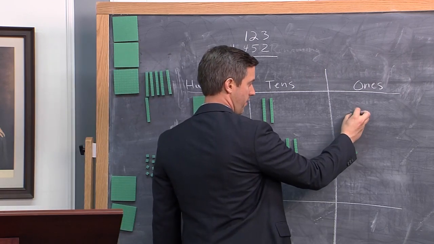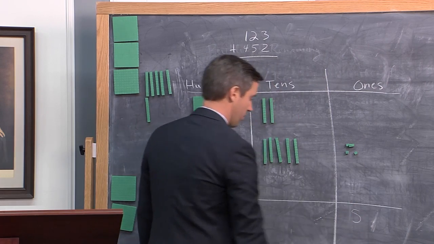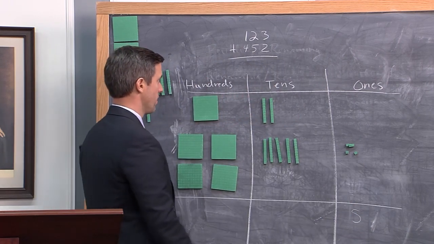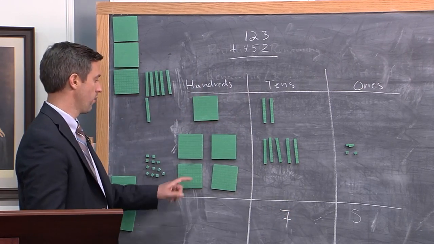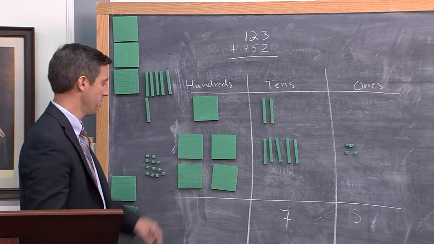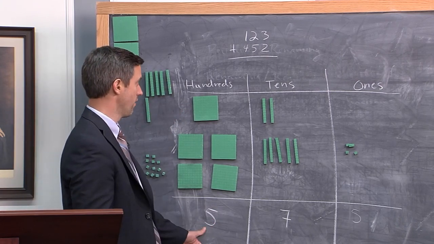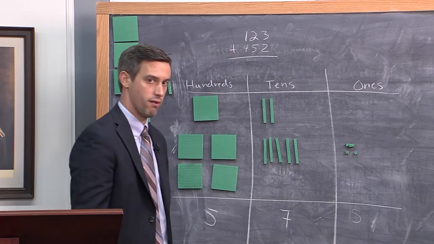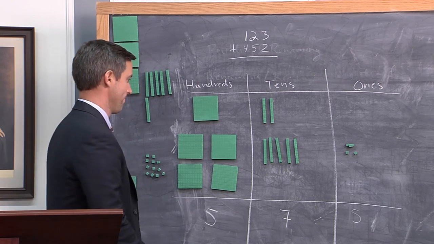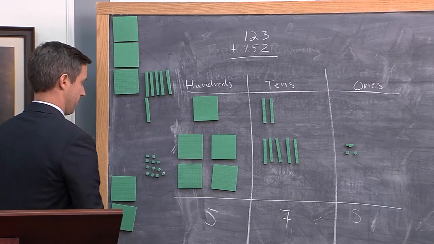I have 3 and 2 makes 5. 3 plus 2 is 5. 2 plus 5 is 7. And 4 hundreds plus 100 is 5 hundreds. So I should have 5 hundreds, 7 tens, and 5 ones, or 575. Okay? That is without regrouping.